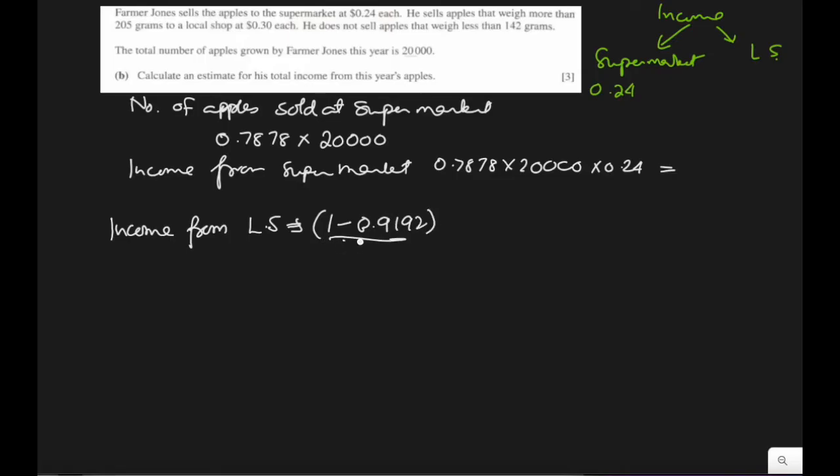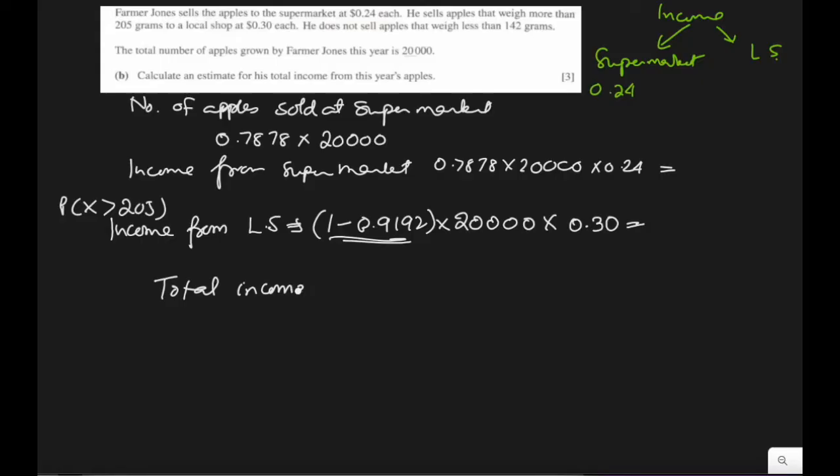Multiply this by 20,000, and that will give you the number of apples. And multiply by the rate at which each apple was sold, 0.30. Find these two amounts and add them. That will be the total income.